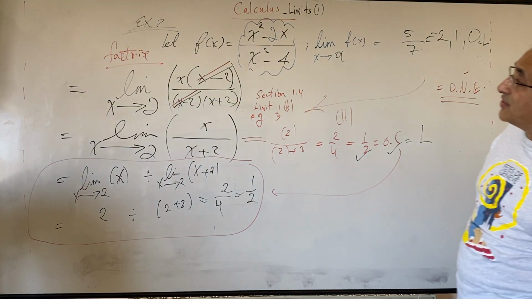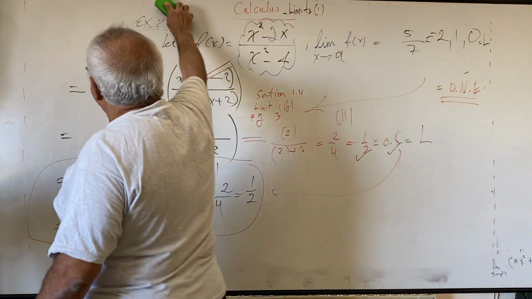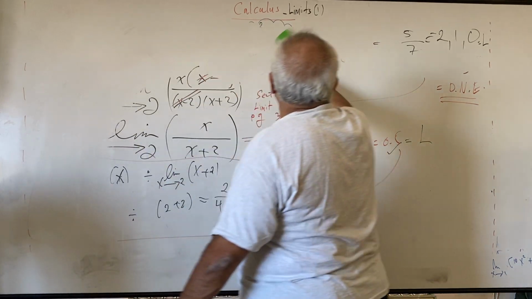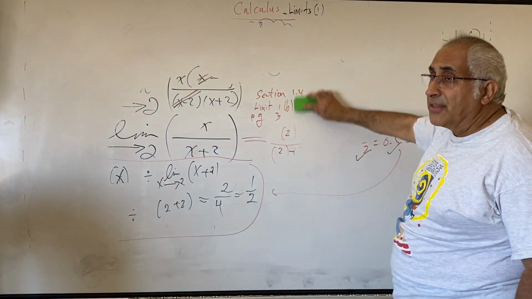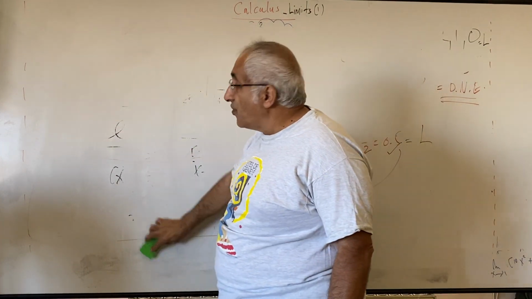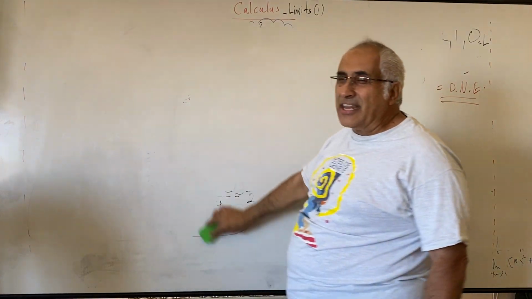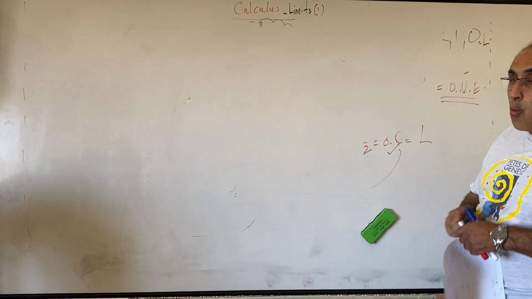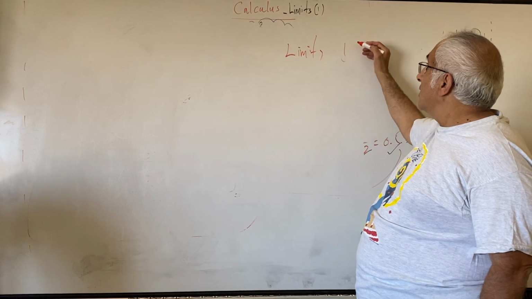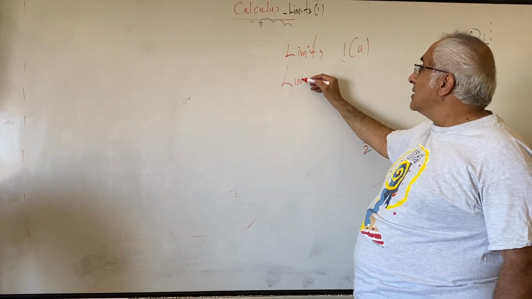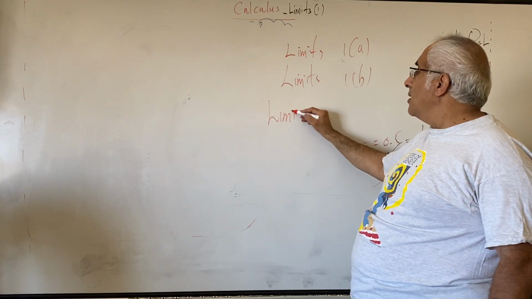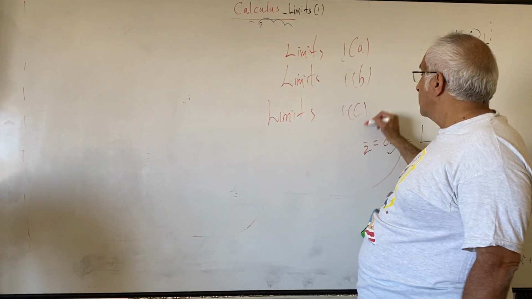Okay, so in this case, we talked about a great example. This example, you will see lots like that in the second lecture note in your LMS, and in your third lecture note. Actually, it's an exercise lecture note. We have 3 lecture notes: Limits 1a, limits 1b, and the third one, limits 1c.